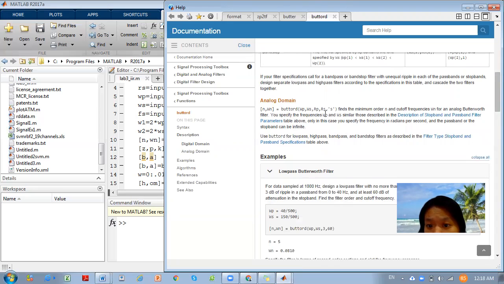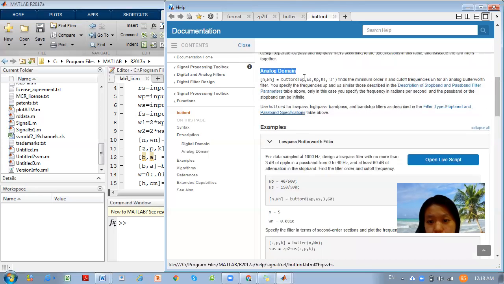This S is for the analog domain. When you are calculating in the analog domain, you need to put the S inside. If you are calculating in the digital domain, you don't need to put the S inside. Refer here to find the minimum order for the cutoff frequency of the analog filter.